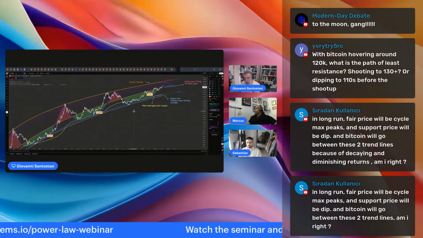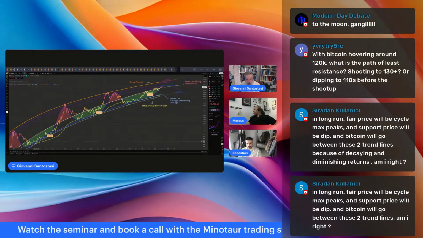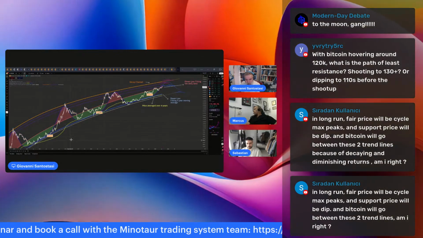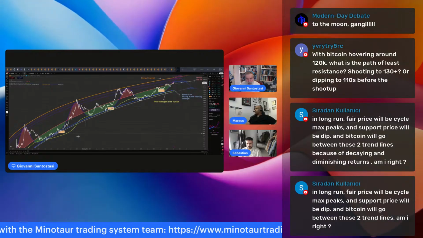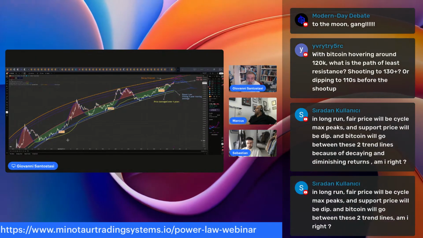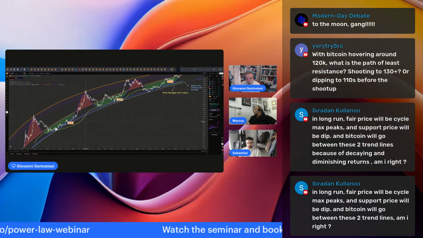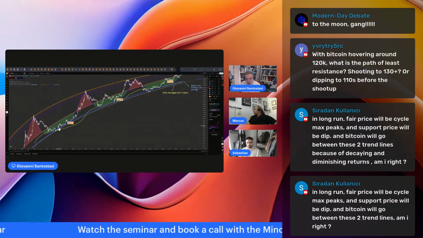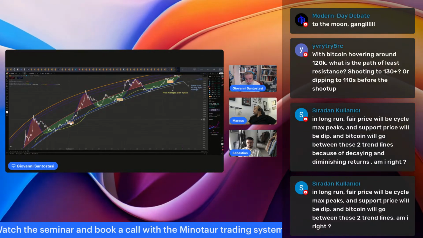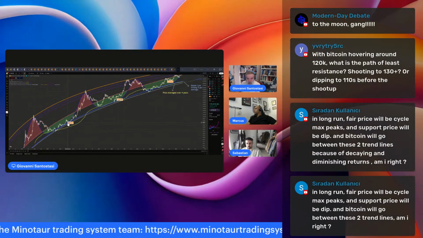But again, it points to the regularity of Bitcoin, that this power law is really structurally describing what is going on over the long term, right? It's basically exactly what Bitcoin does over the long term. It would not be able to do all these things at different time scales if it was not the true behavior. So this time scale is 1 day, and this time scale is 4 years, right?